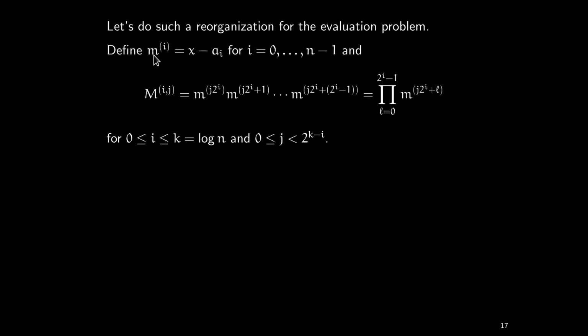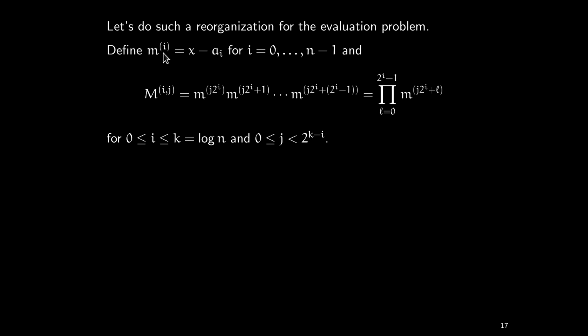So let me introduce the notation m_i for these polynomials by which I have to do the division with remainder if I want to evaluate. And then these capital M's are defined as certain products of these small m's. The product runs over a range of consecutive m's.